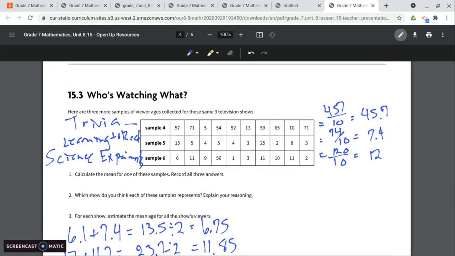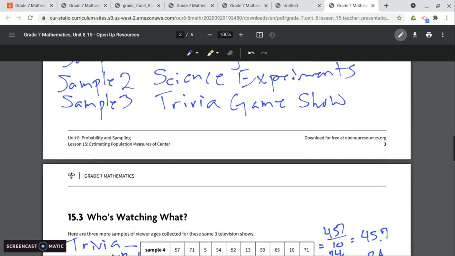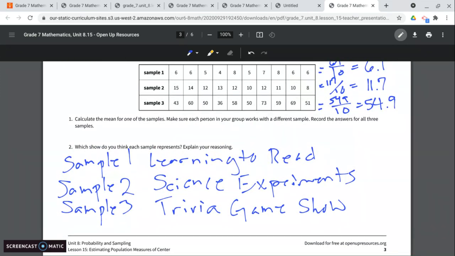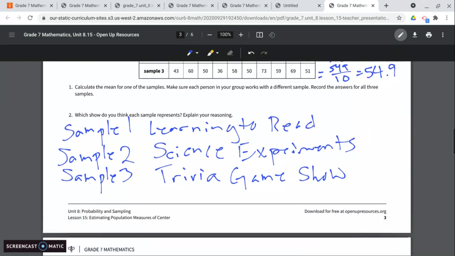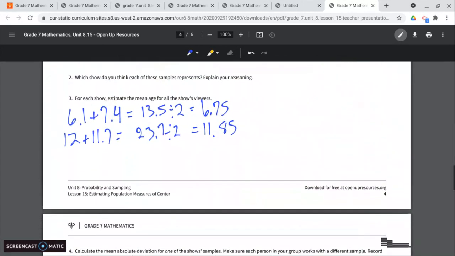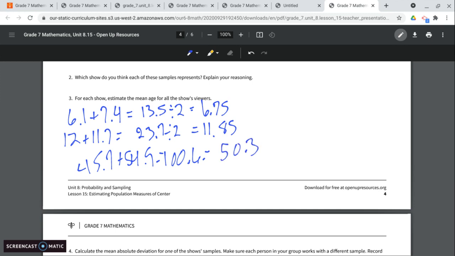And then 45.7 plus our 54.9 is going to give us 100.6. And then we divide that by 2, we get about 50 years of age.